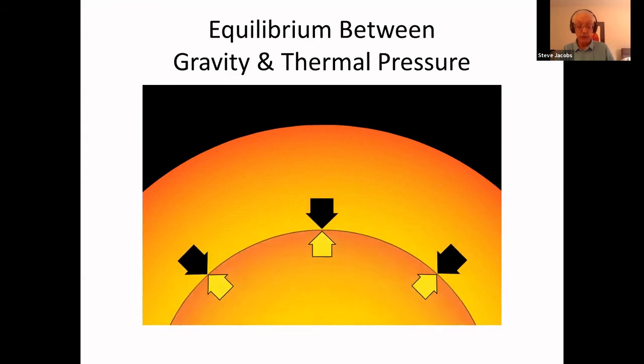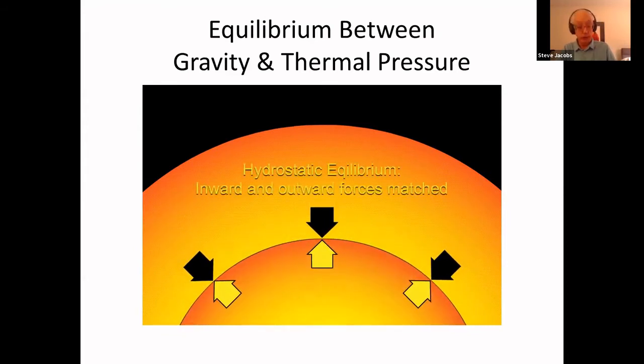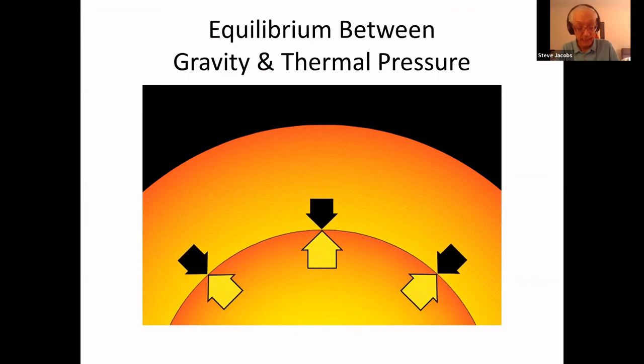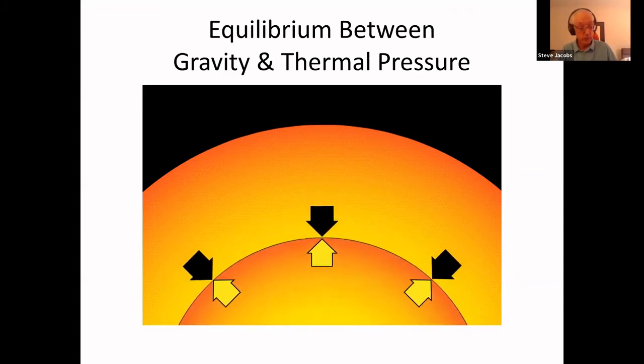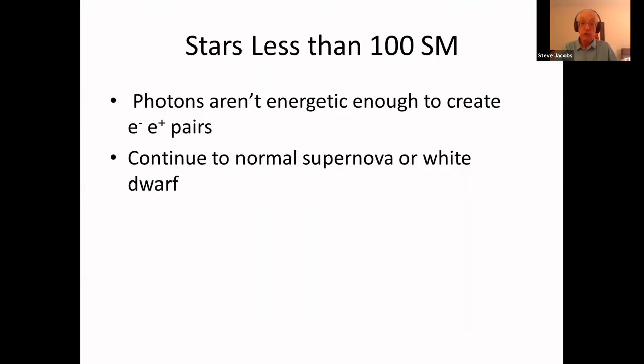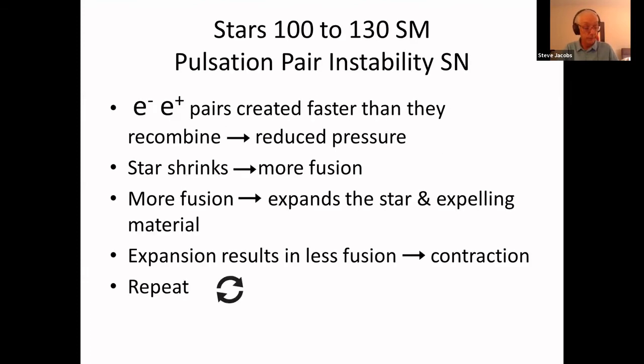Too much gravity and an increase in nuclear fusion, or the star may collapse to a black hole or a neutron star. So for stars less than 100 solar masses, the gamma rays don't have sufficient energy to produce the electron-positron pairs. We'll continue on to normal, what stars do, supernovas, white dwarfs, whatever.